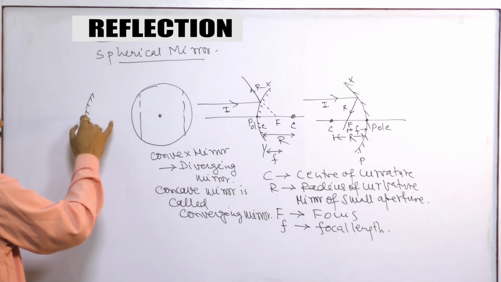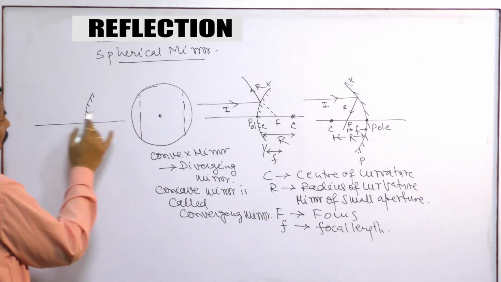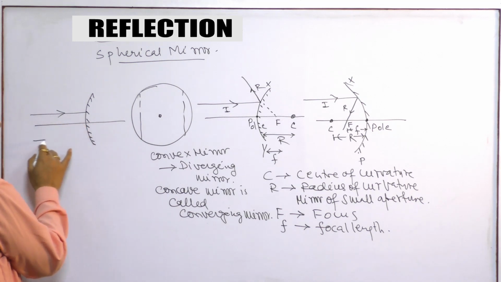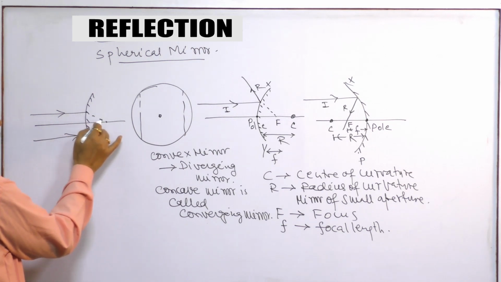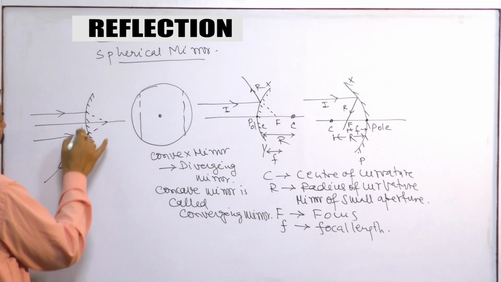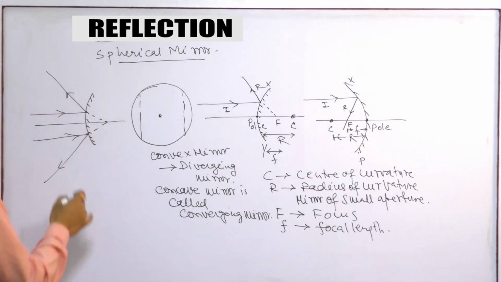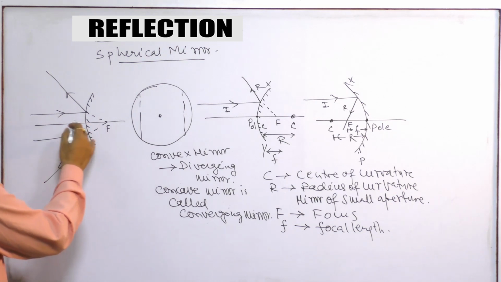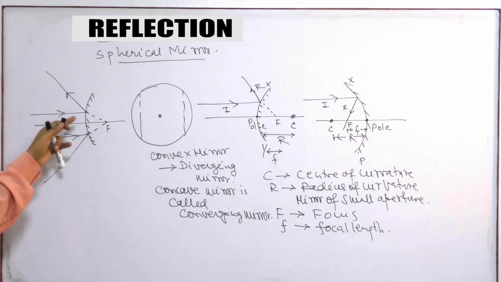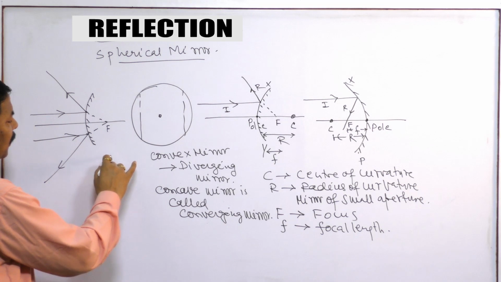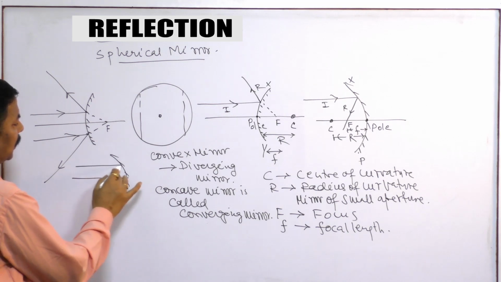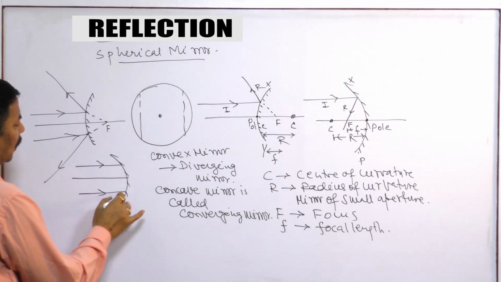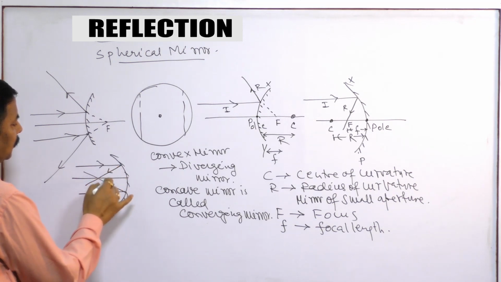Here you see, if the rays parallel to principal axis are incident on the mirror, it appears that they are diverging from the point F. Whereas in case of converging mirror, you will see it appears that they are converging to a point.